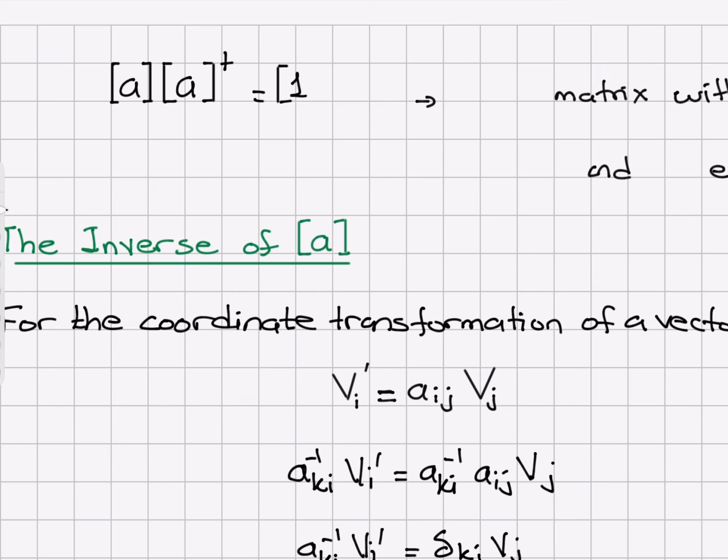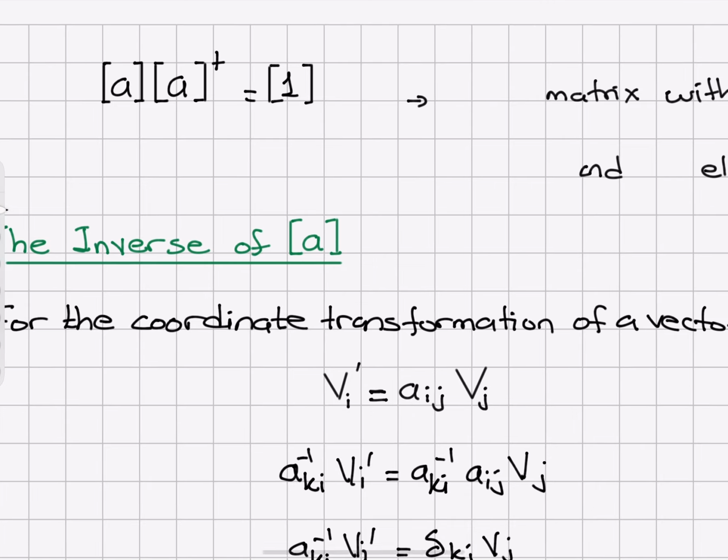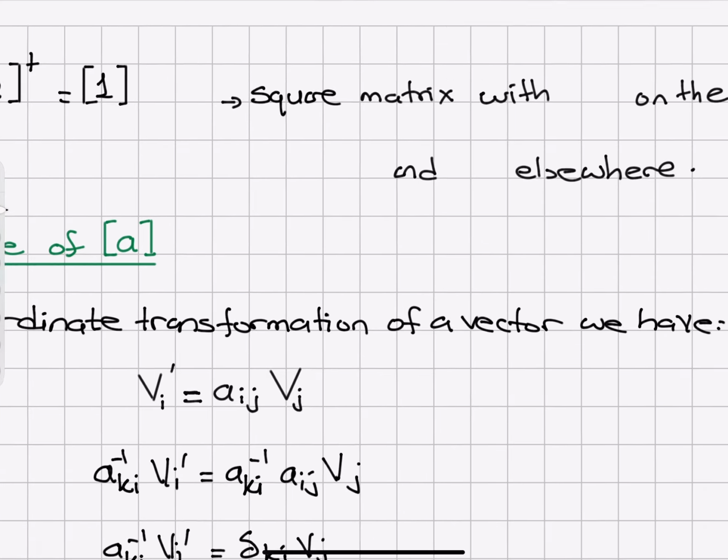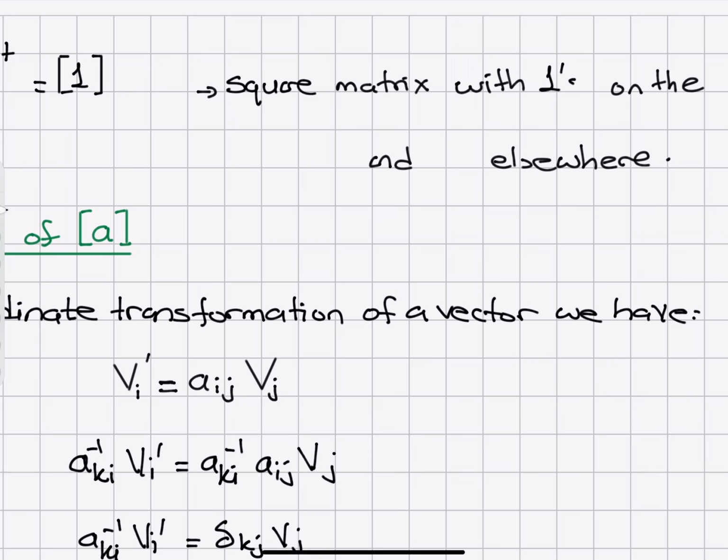Now this means in matrix form we're getting the unity matrix. What is this unity matrix? It's equal to 1 when the I and J are equal. That means it's a square matrix whose diagonals are 1. So with ones on the diagonal, and every other term is 0. So it's zeros elsewhere.